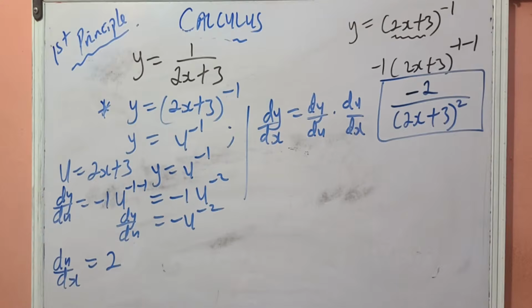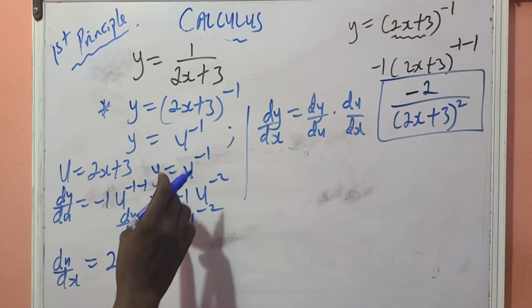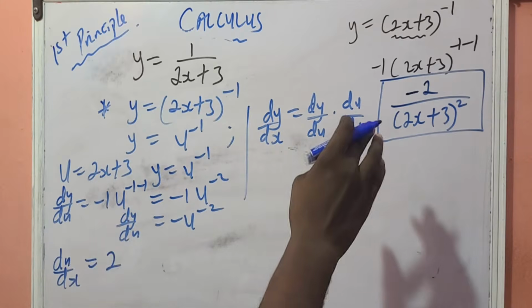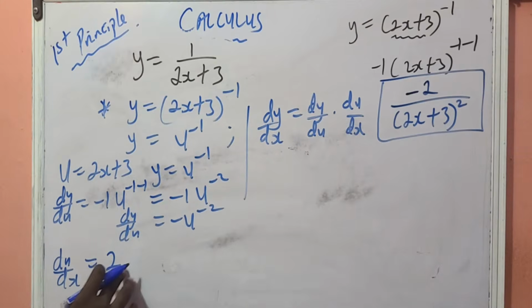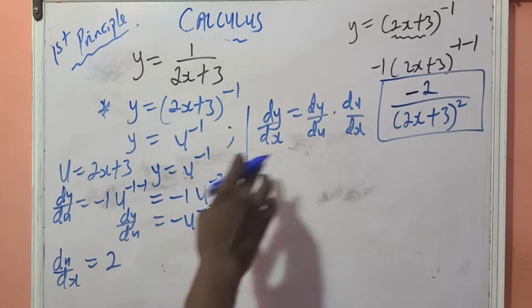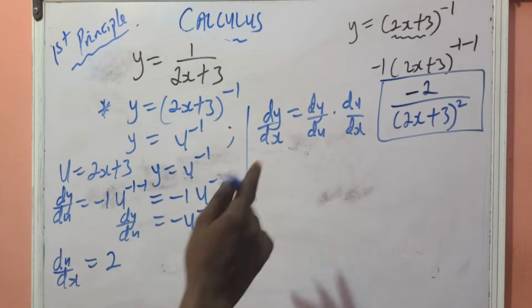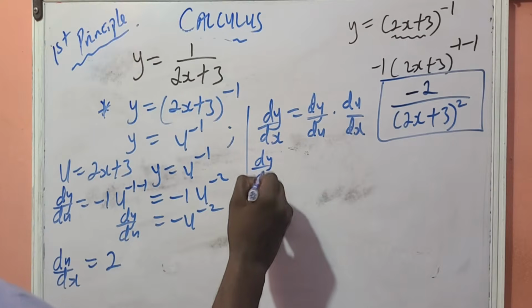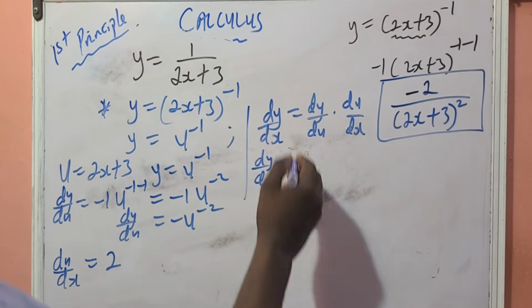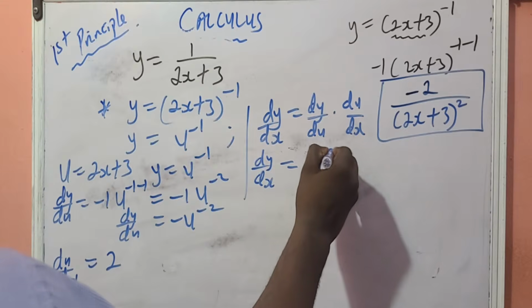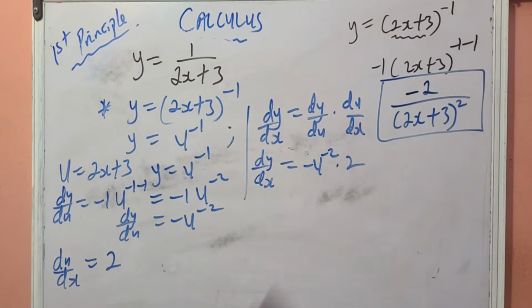Now look at it. We have du over dx is 2, and we have gotten dy over du as minus u to the power minus 2. That means dy over dx will be equal to minus u to the power minus 2 multiplied by 2.